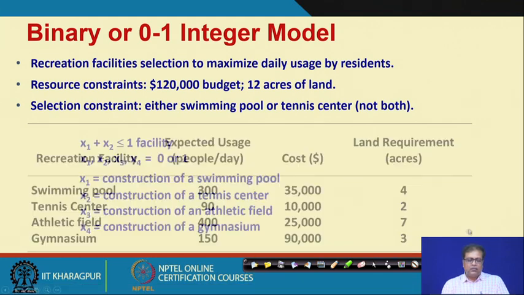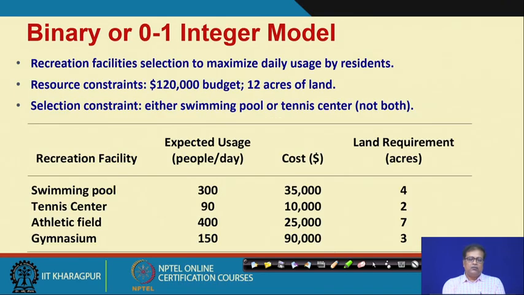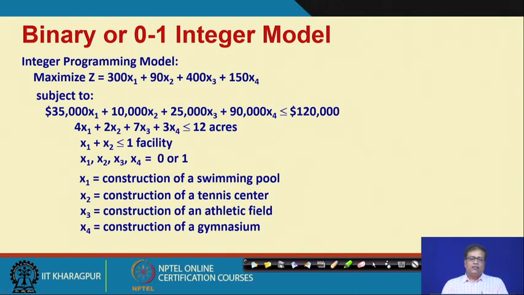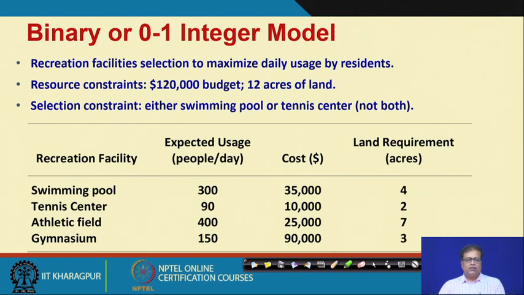Maximize z equal to 300 x1 plus 90 x2 plus 400 x3 plus 150 x4. Why? Because these are our expected usage, we want to maximize them, subject to the monetary constraint and the land constraint.